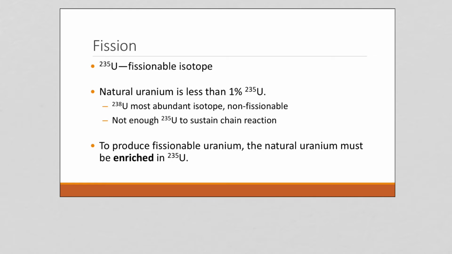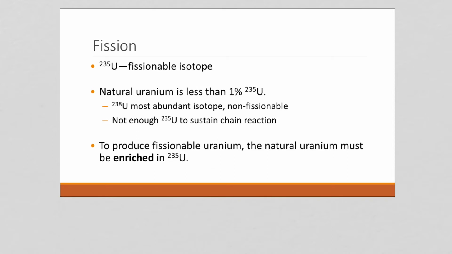It is non-fissionable, right? It cannot undergo fission. So only certain isotopes are fissionable. Natural uranium contains less than 1% uranium-235. So the vast majority of uranium is uranium-238, which is still radioactive, but it cannot undergo the fission process.